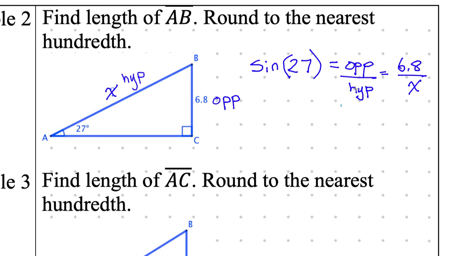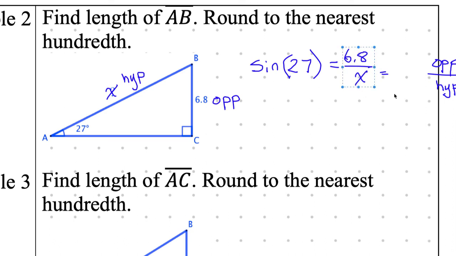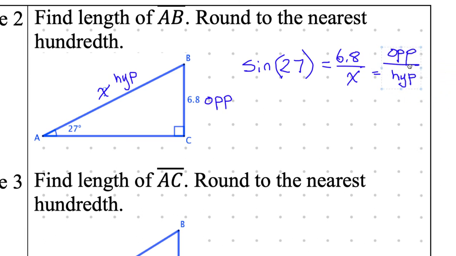So maybe I should rewrite these things in a different order so it's a little bit easier to see. The opposite divided by hypotenuse is indeed 6.8 divided by x. And then I can solve. When I'm solving, I'm kind of ignoring the opposite divided by hypotenuse, and I have this fraction of sine of 27 over 1 is equal to another fraction.